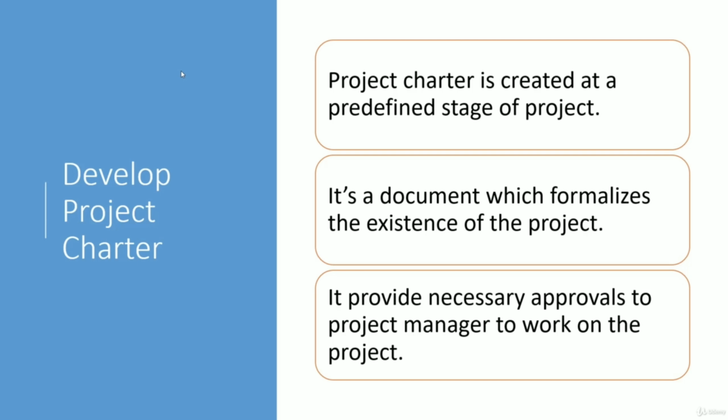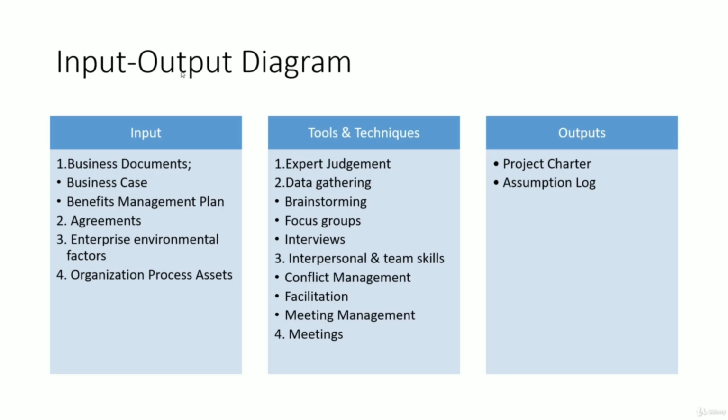And the project charter statement provides a kind of approval to the project manager to start the process. So these are the inputs, tools and techniques, and outputs of this activity. We have a business document, and a business document could be in the form of a business case or benefit management plan. Then there are agreements and enterprise environmental factors like policies and all those things which we have discussed earlier, and organizational process assets.